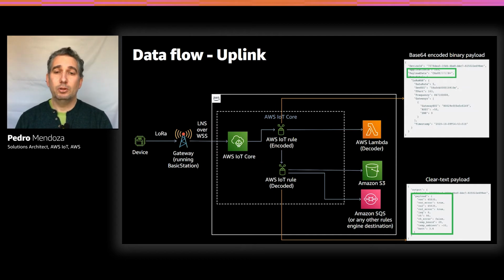That's actually the role of the Lambda function that you can see in the diagram. Once decoded, there is a rule that will republish that message into another topic, and then it can be consumed by, for example, Amazon S3 or Amazon SQS in the example. It could be any other of the actions supported by the rules engine.